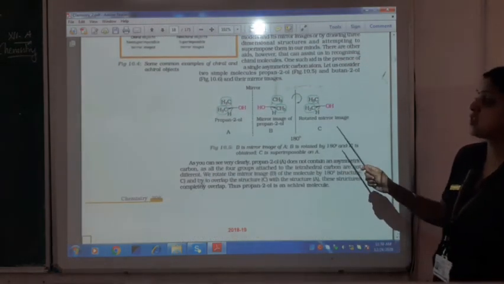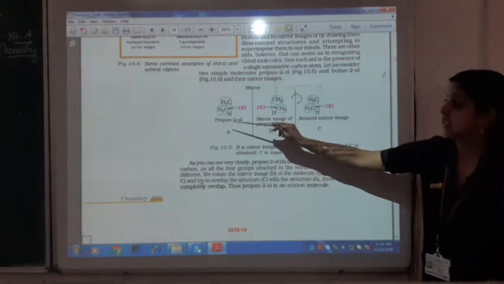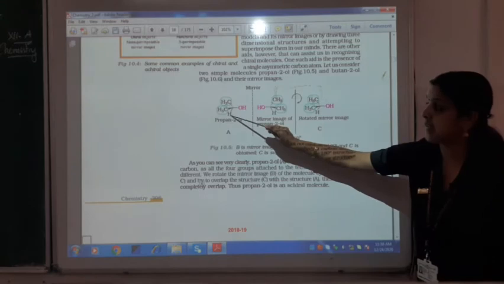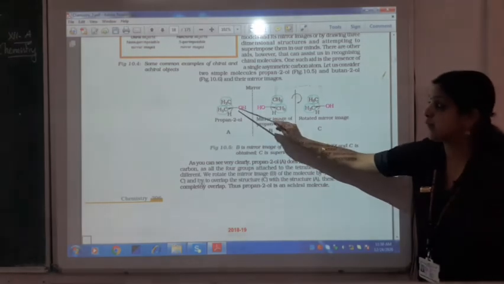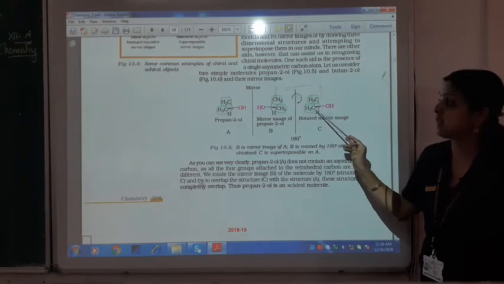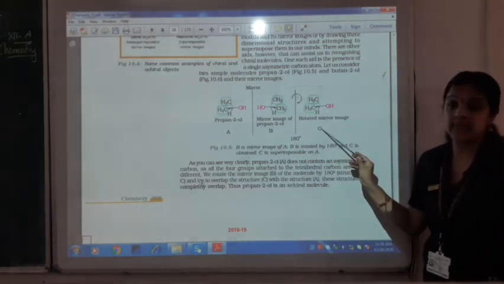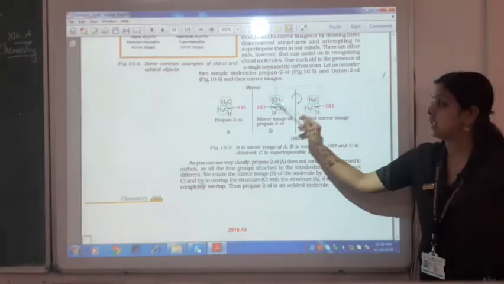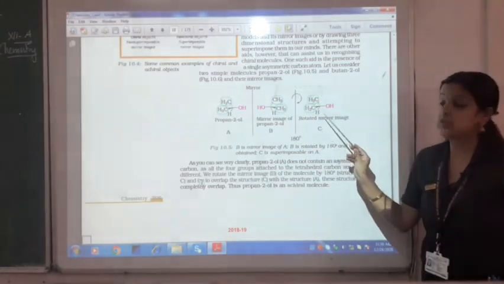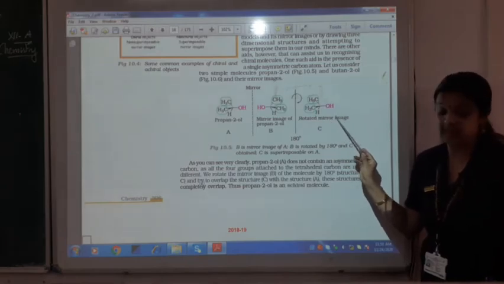See this example, children. This is my compound A, propan-2-ol, carbon here, methyl, methyl, hydrogen and OH. If the mirror image is like this, again the mirror image will be A and C remains the same. So, this is one rotation, this is one more rotation. So, A and C will be the same rotated images.